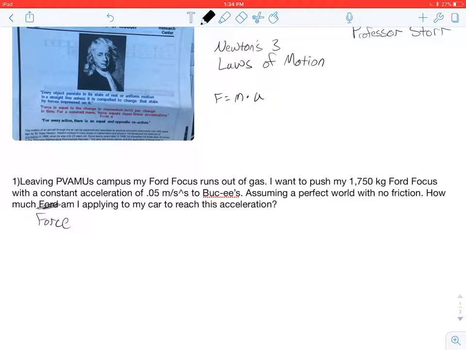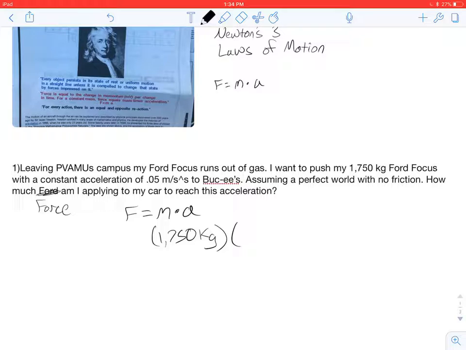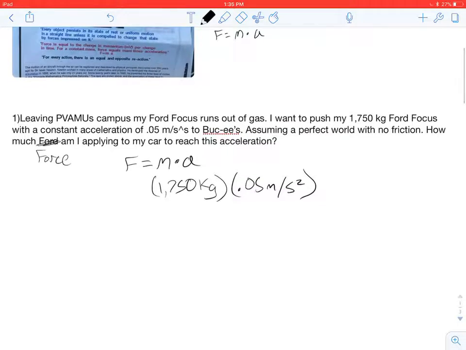So using that equation we got from the second law, force equals mass times acceleration, my mass, 1,750 kilograms, times the acceleration I would like to get the car up to, 0.05 meters a second squared. Paying attention to our units and bringing those all the way through.